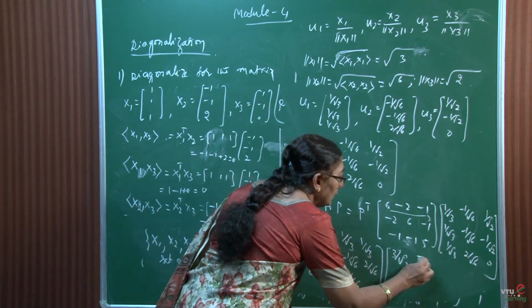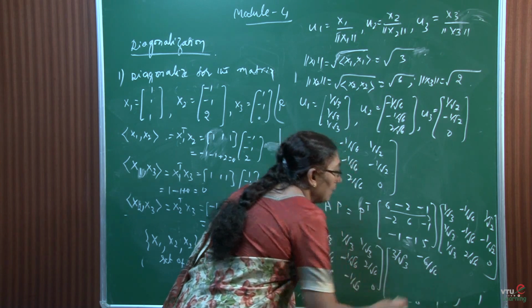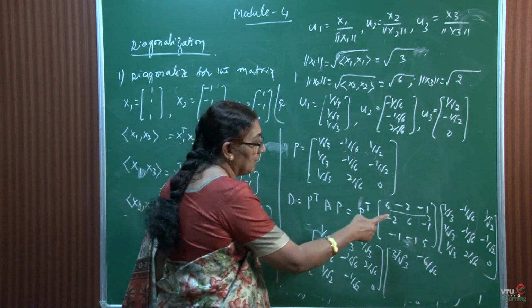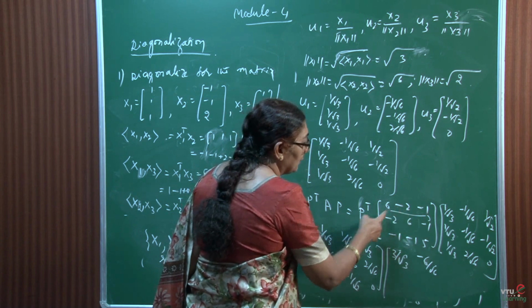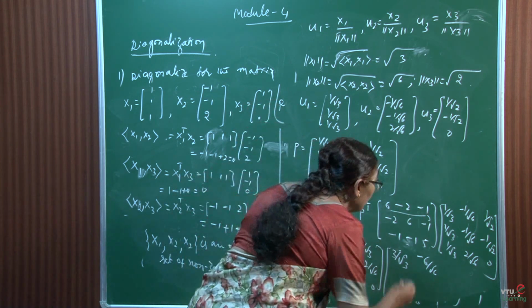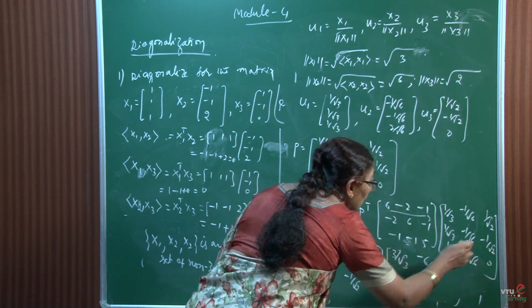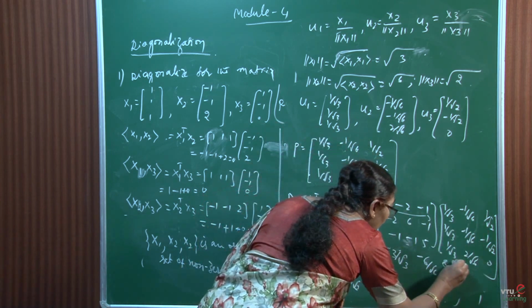What's remaining? Minus 6 by root 6 remaining. Next, move to the last column. 6 by root 2, minus into minus plus, we get 4 by root 2, plus 4, is 8 by root 2.